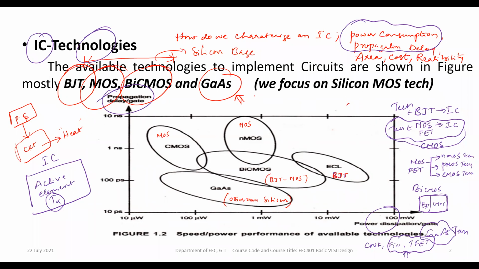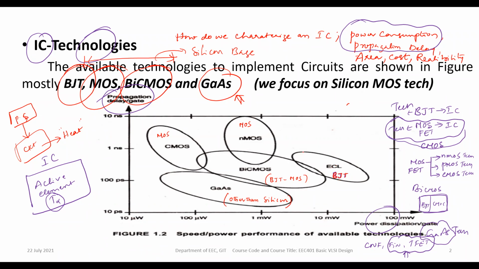Okay. So now observe carefully in this particular slide. That's very, very important. When we talk about the power consumption, initially people realized the bipolar junction transistors. After vacuum tubes, people invented the bipolar junction transistor. Therefore BJT is the most popular element to construct ICs. One of the important technologies in BJT is ECL, emitter coupled logic.